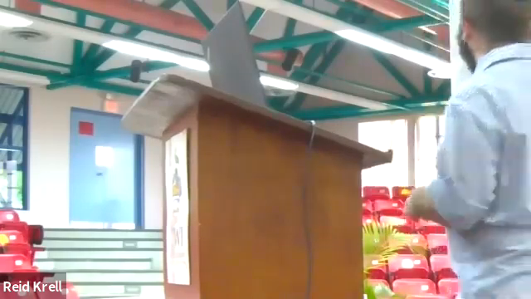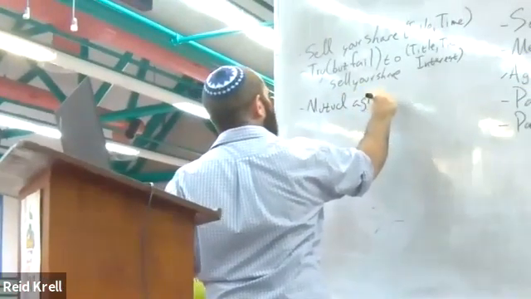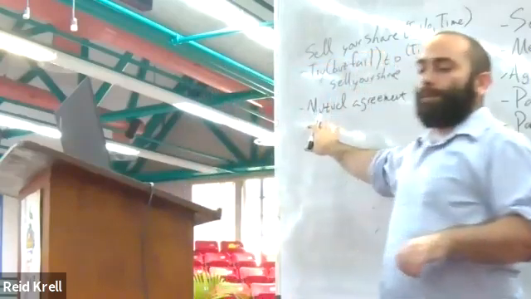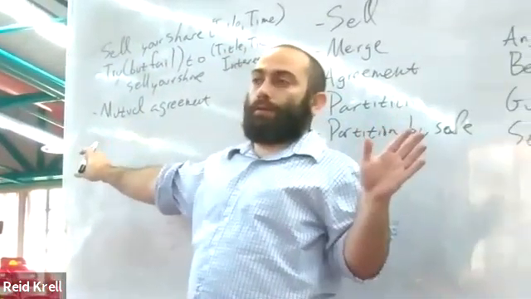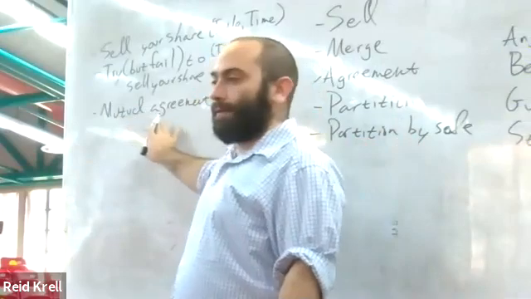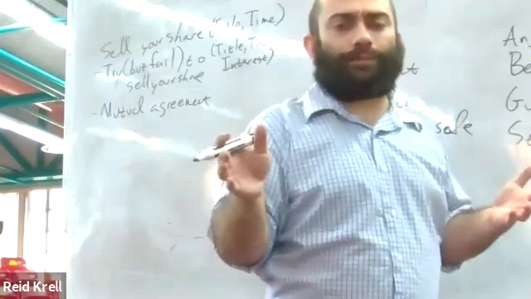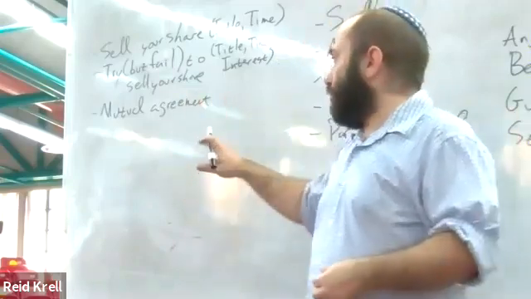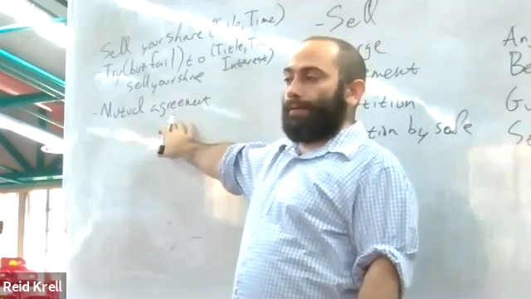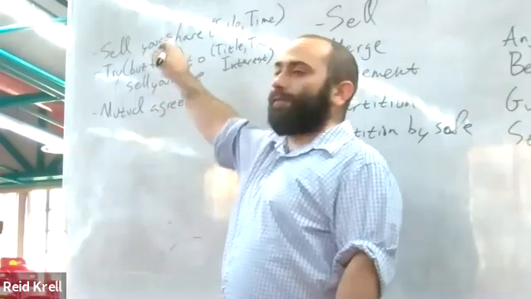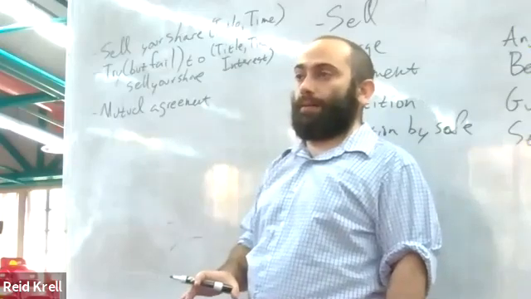Next is a mutual agreement. If all the co-tenants say, you know what, we don't really want to own this jointly anymore, they can kill the joint tenancy for everyone. That is a situation where you don't kill any of the unities, because all of these severance methods convert joint tenancy into tenancy in common.